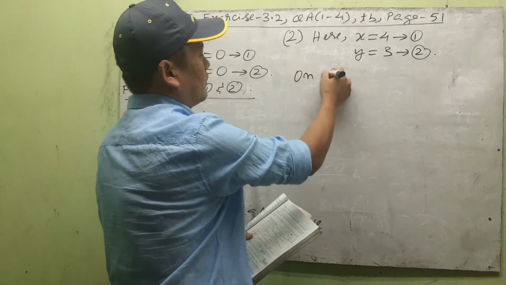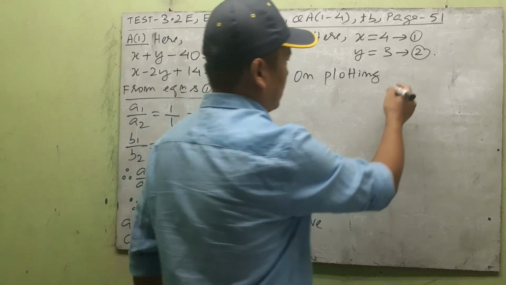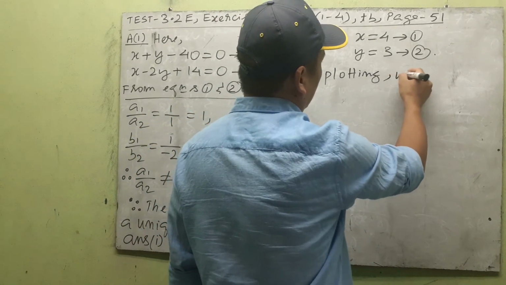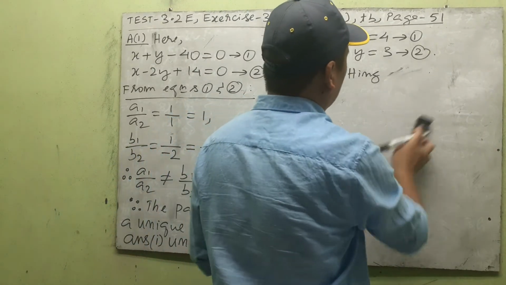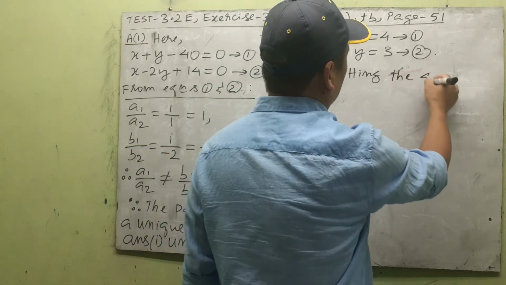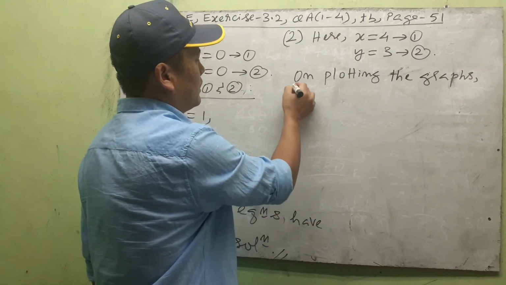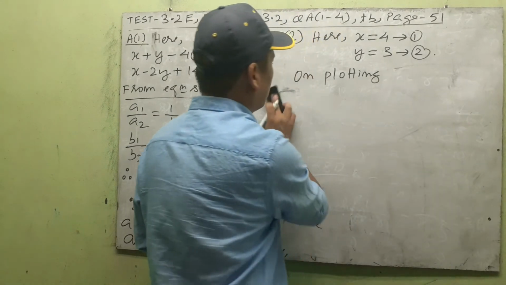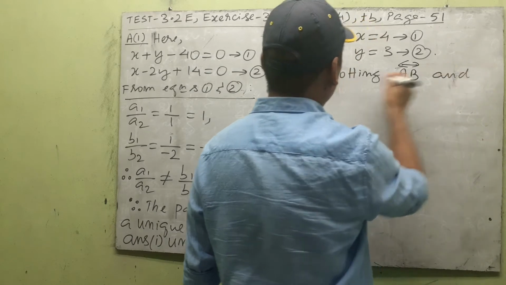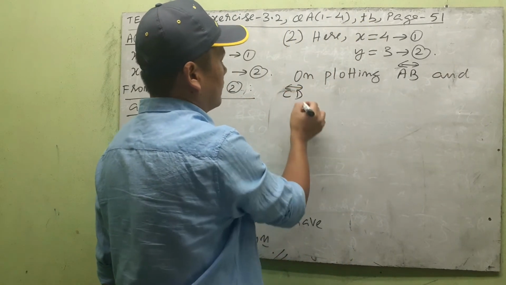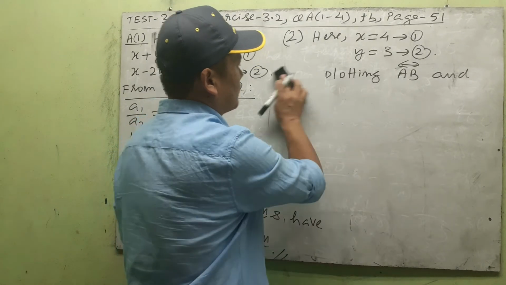So on plotting the graphs, on plotting line AB and CD, let's just draw the graph first.